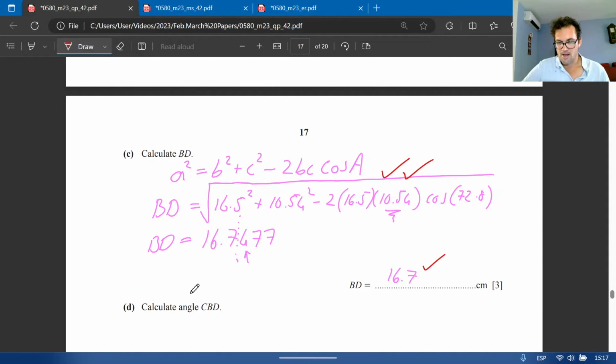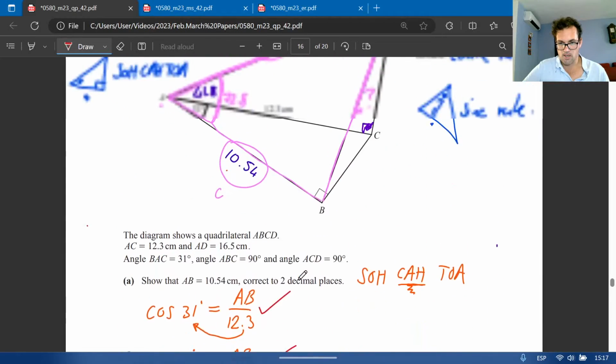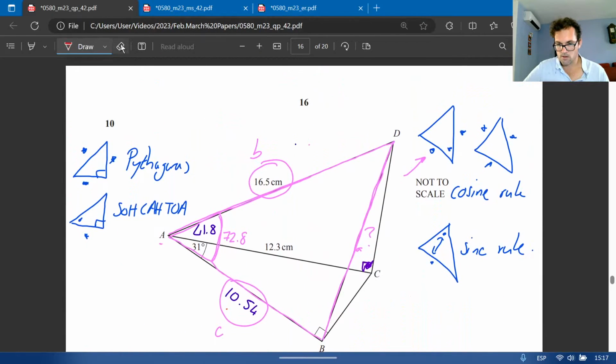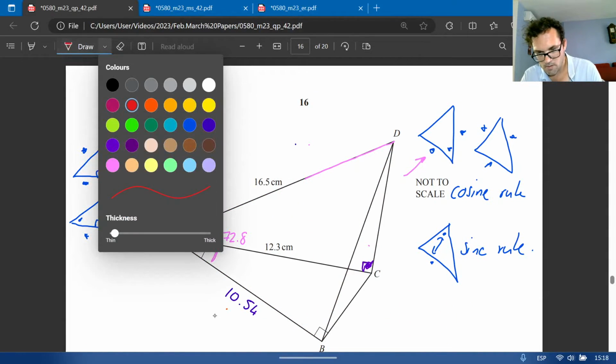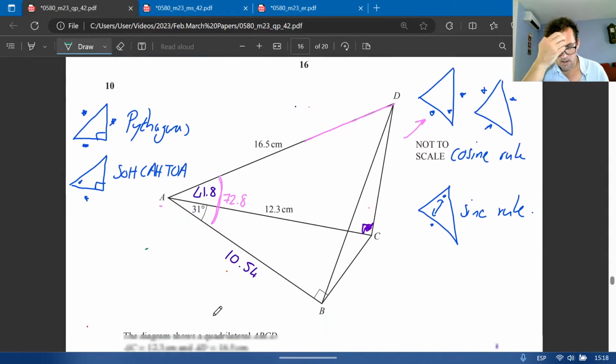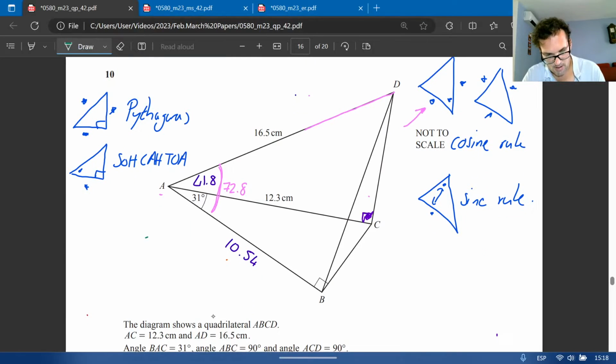Okay, next, calculate angle CBD. So let's clear this clutter. Angle CBD, and that is this angle here. Now, how are we gonna do that?